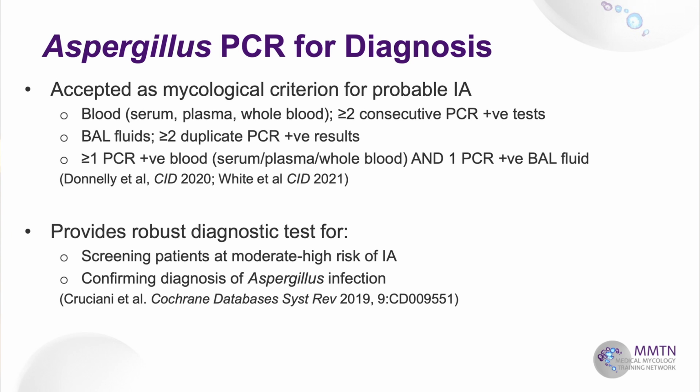Systematic reviews and meta-analyses have shown that Aspergillus PCR does provide a robust diagnostic test for screening patients who are at moderate to high risk of disease, or to confirm a diagnosis in those who may have an infection.